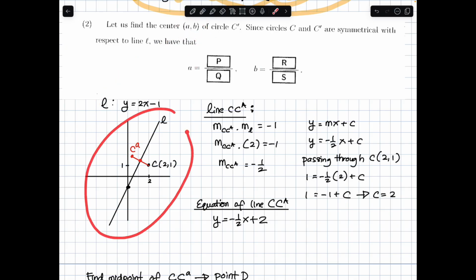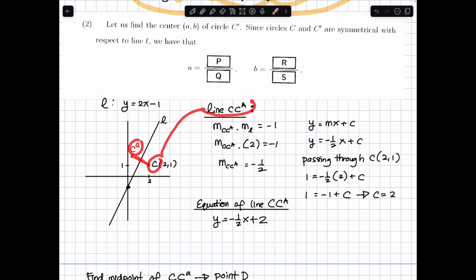In this diagram, since this is reflected, the line joining the two centers, I name it CCA, must be perpendicular to the line L. So the gradient of CCA times the gradient of L must be equal to minus 1.